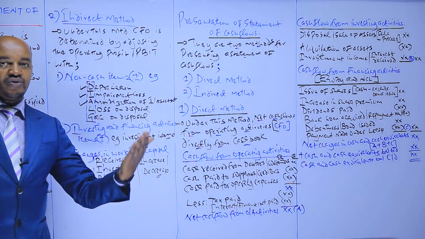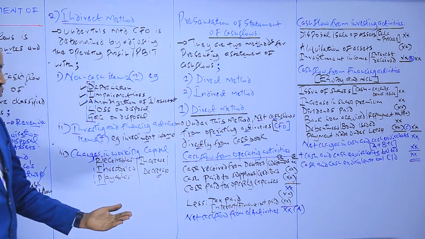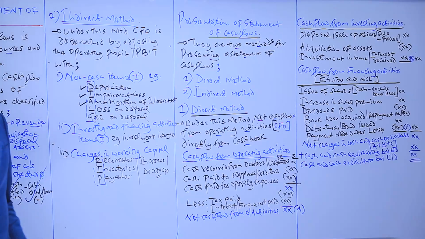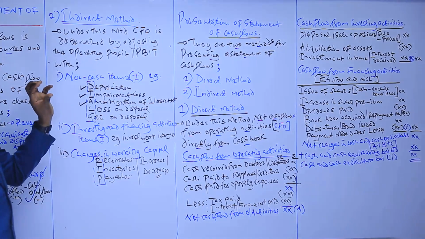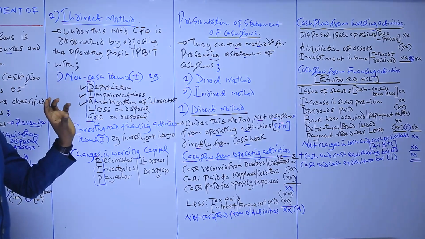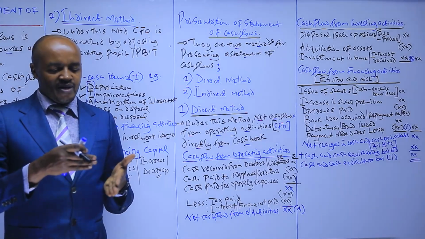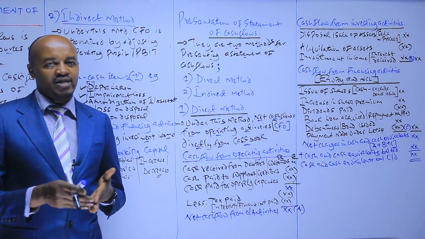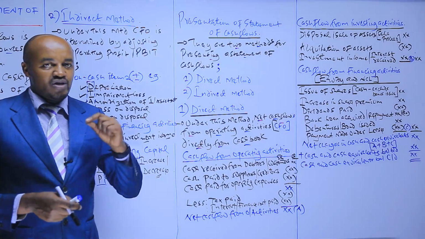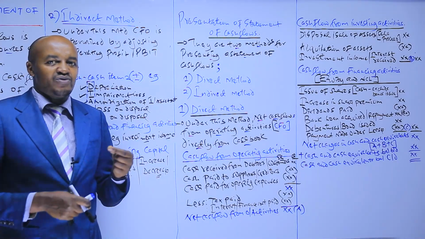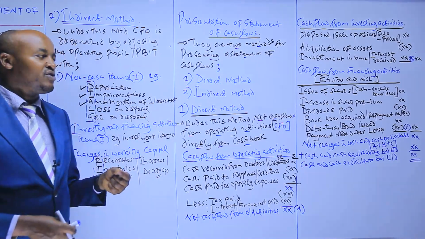So the reason why inventory will reduce is because the company sold the inventory, which then is a cash inflow. So therefore, under the indirect method, and that's why we refer to this method as indirect method, we determine the CFO, the net cash flow from operating activities, using an indirect approach. We take the PBIT, adjust that with a number of items, three categories of items.